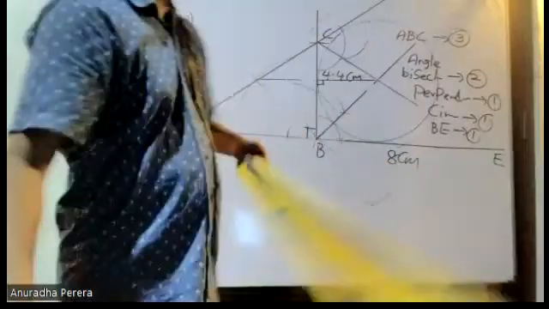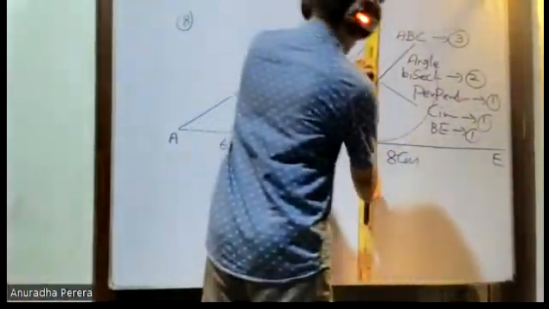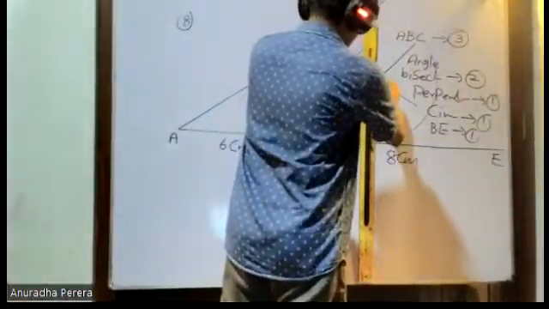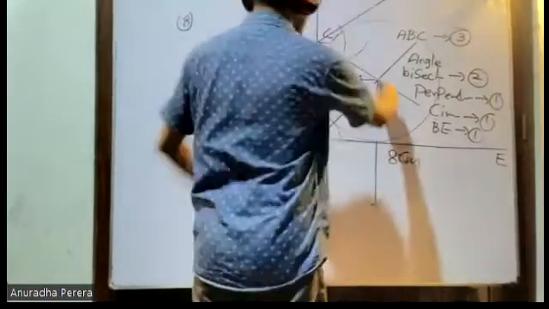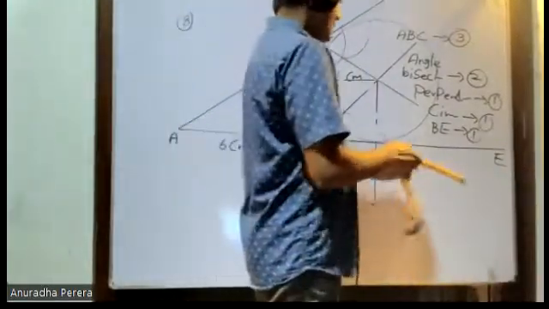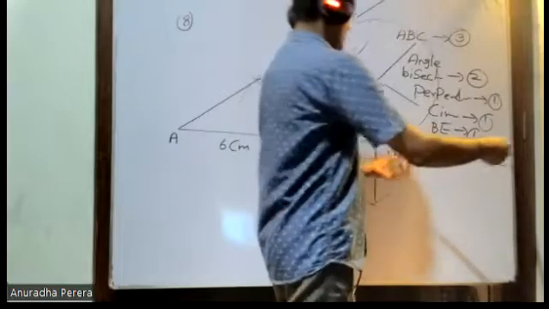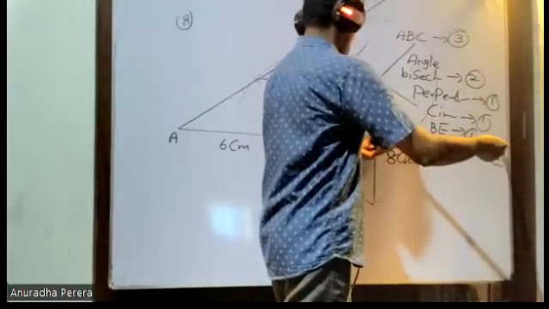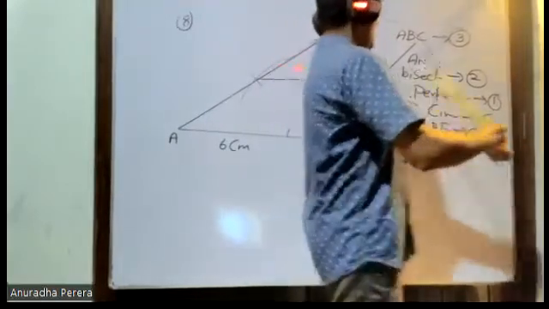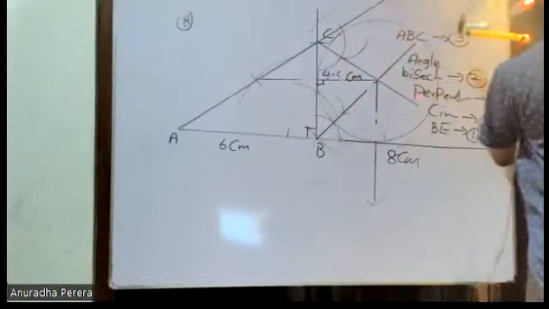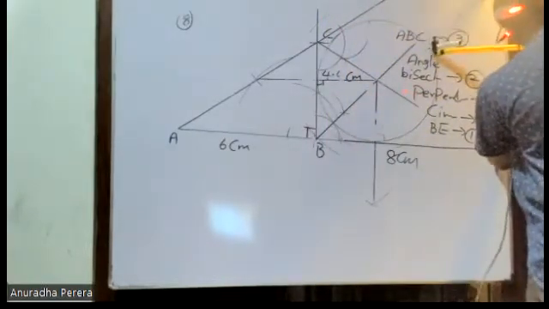Now, we can identify the perpendicular distance. Then the tangential point can be obtained. This one is the tangential point. Now measure and obtain the point of intersection like this.